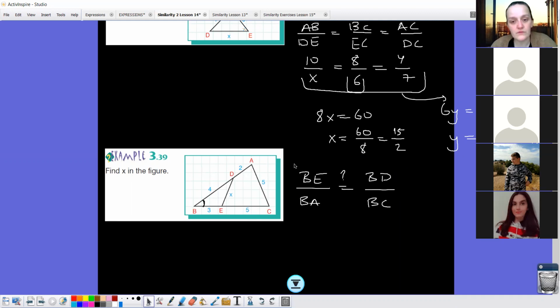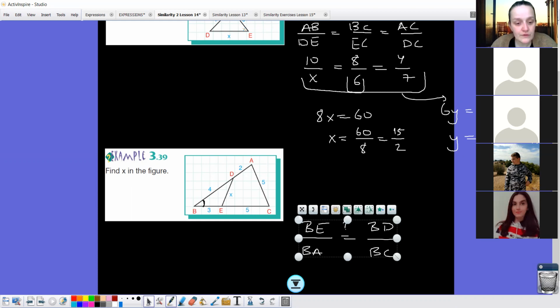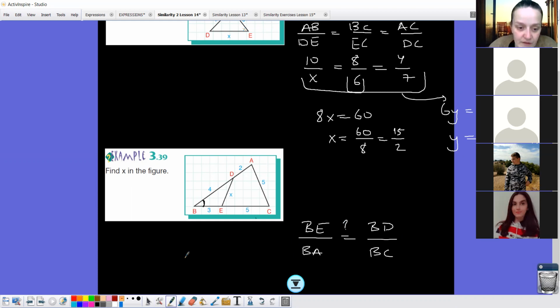Let me do this one. So the first point here is that we have a common angle. Measure of angle DBE is congruent to measure of angle ABC because it is a common angle, yes?